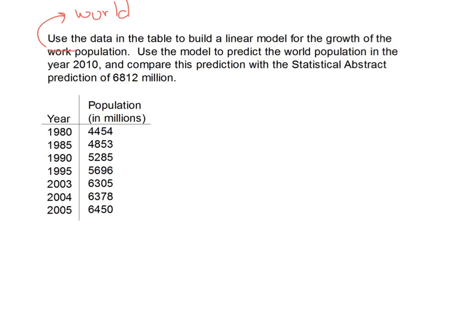Stat, calculate, regression equation. Now, I got my regression equation when I did that. If you need help, remember, go to the other video on how to do that in your calculator. My regression equation turned out to be y equals 79.957x minus 153,848.716.